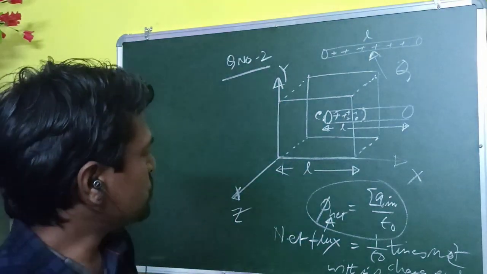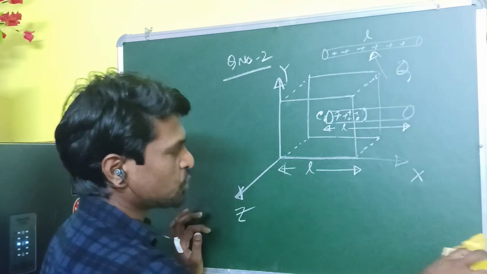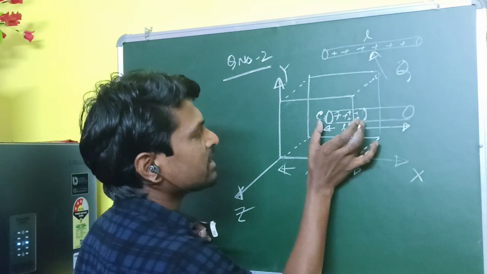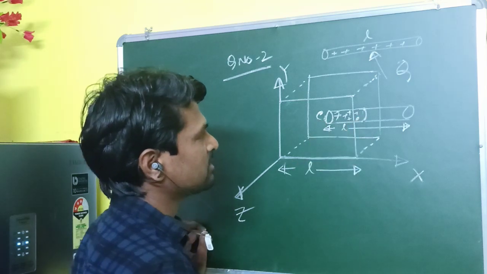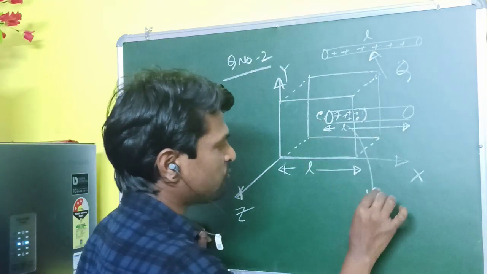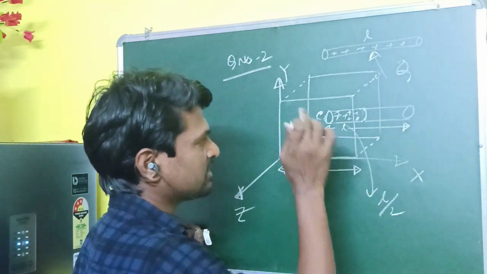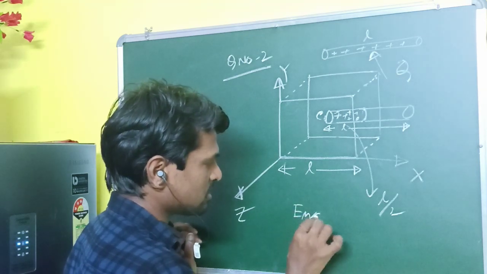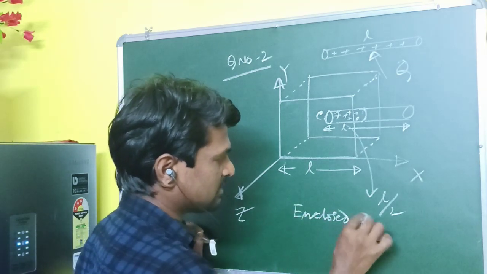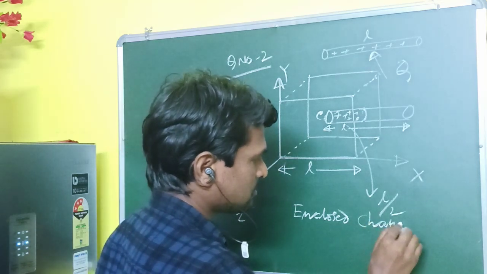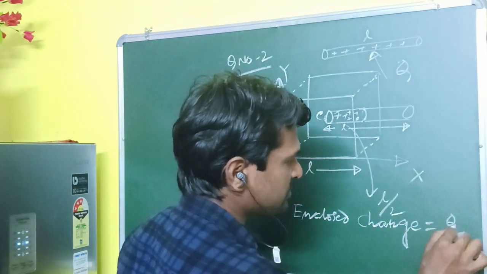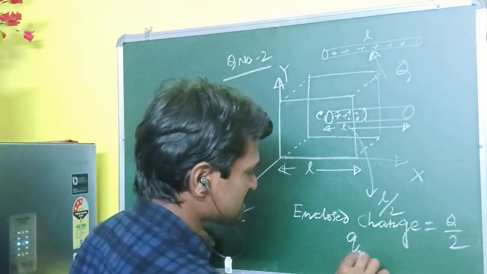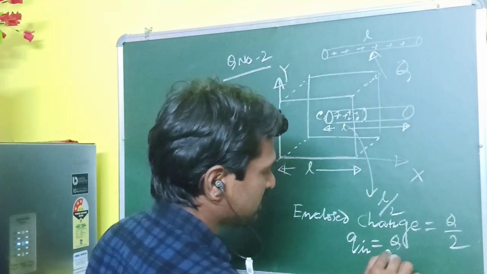The answer is so simple. If the rod touches the center, then the enclosed portion of the length is half, L by 2. That's why the enclosed charge Q inside is capital Q by 2.